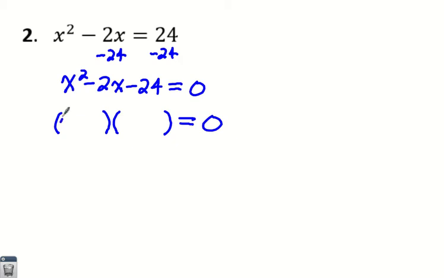Remember, x squared just means the bubbles are going to start off with just x and x. And now we think of 2 numbers that multiply, and add up to that. And spoiler alert, it's going to be minus 6 and plus 4. And that's going to be how I factor it.